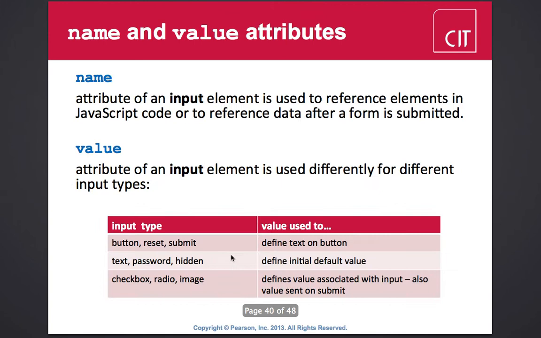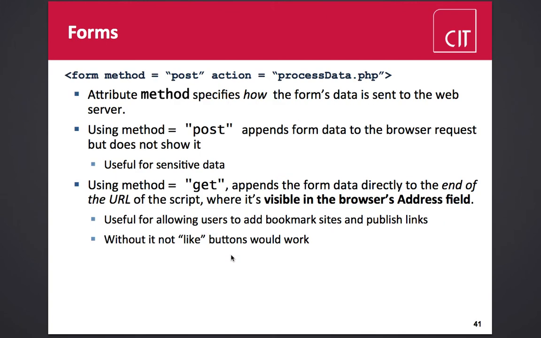So, okay. In your form, where you specify form, you're going to have a method and an action. Typically there are two methods you can use to send the information off. We're going to use post. Or are we going to use get?